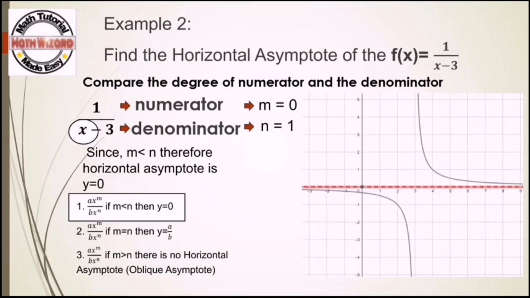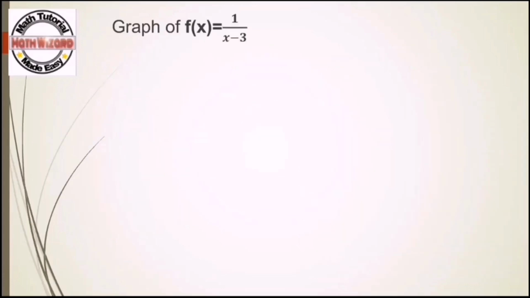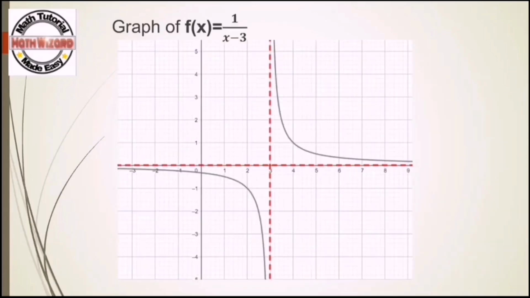So if we're going to plot it, that's how it goes. Yan. So yun po yung horizontal broken line. Okay, this is the graph if you combine the horizontal and the vertical asymptotes.